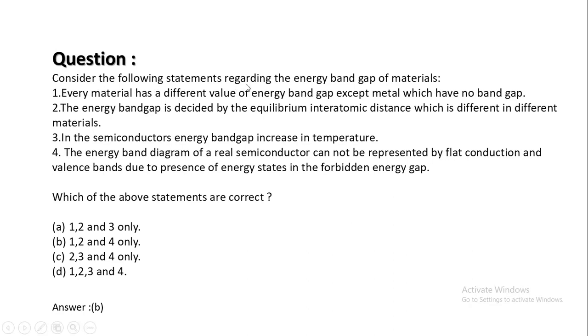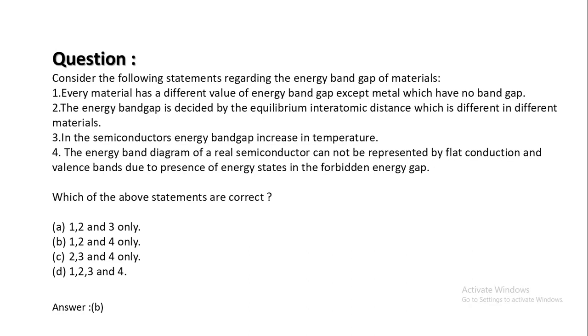Consider the following statements regarding the energy band gap of materials. The very first statement is: every material has a different value of energy band gap except metal, which has no band gap. The very first statement is correct. Already I have discussed that a semiconductor has some band gap, and if the material is not crystalline then we cannot define the band gap, but we can assign one.